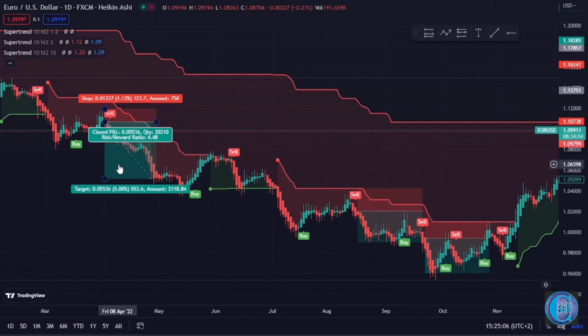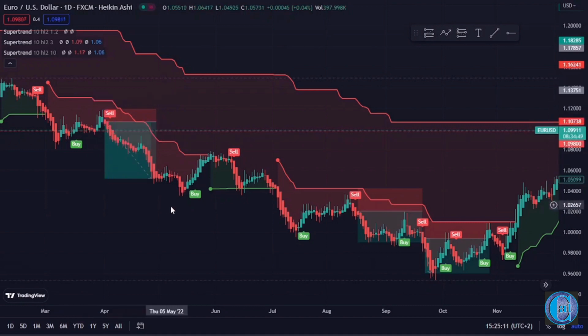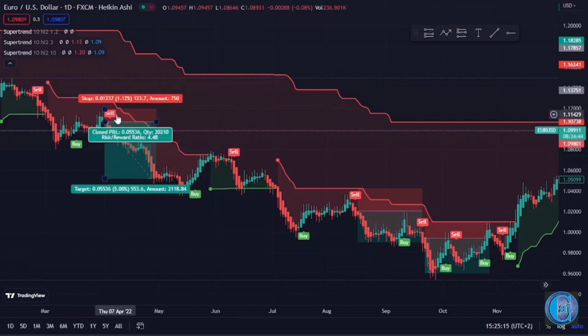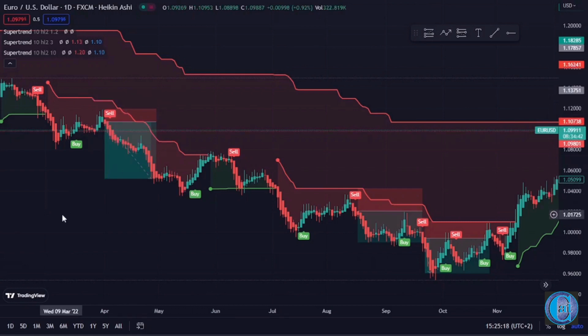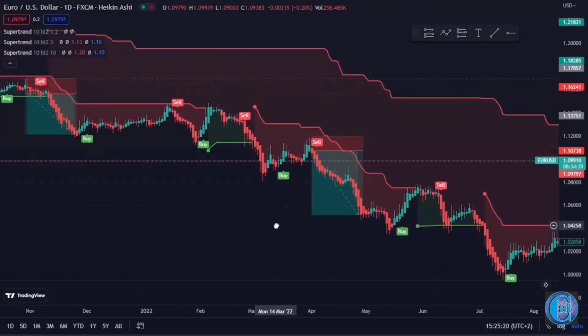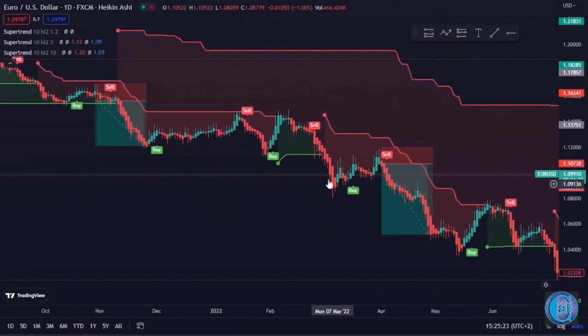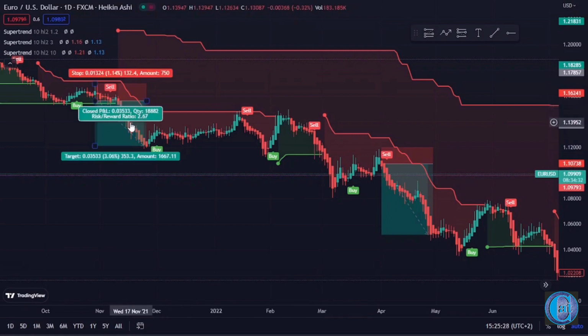This trading system can be used to trade stocks, forex, or cryptocurrencies, and can be used on any time frame. As you will see in the video, the strategy can generate signals that provide a fantastic risk to reward ratio. We will also be covering the rules for both entry and exit, so make sure you watch till the end. The strategy has a simple set of rules that anyone can follow.